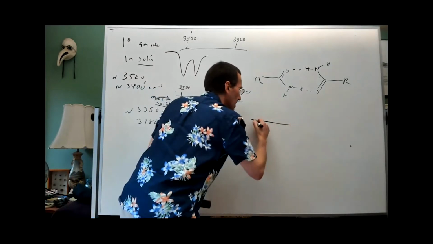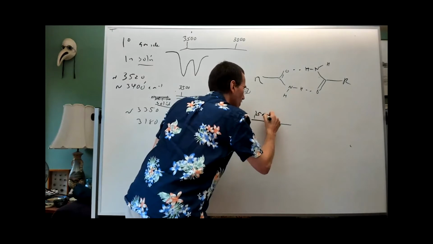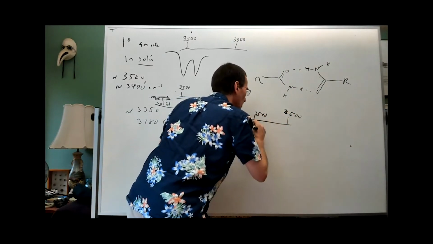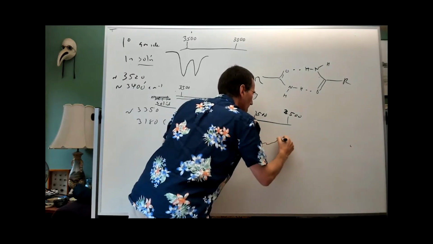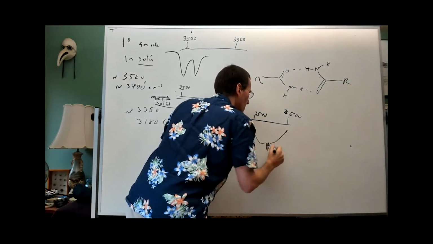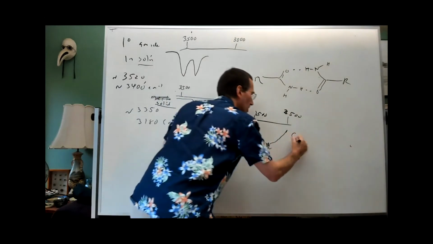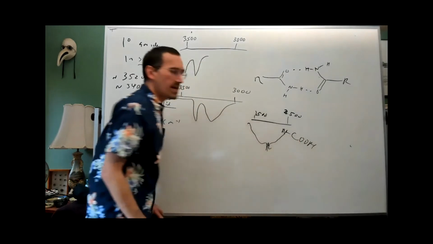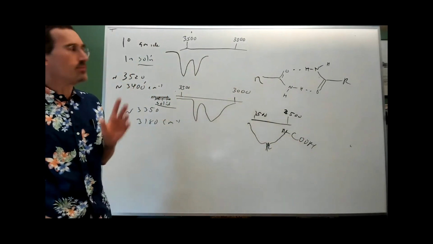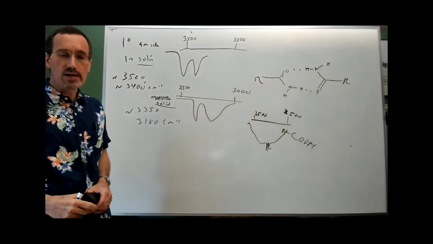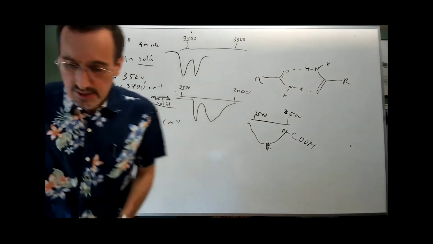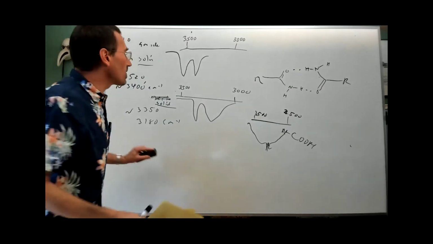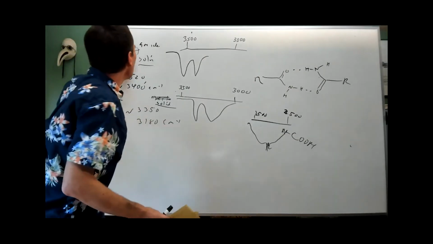Carboxylic acids end up starting at about 3,500 and going to about 2,500 and having this blobby band with maybe your CHs poking out. So this would be a typical RCOOH. The amides aren't quite as bad as that, and the coupling isn't quite as severe. For secondary amides, you only have one NH.